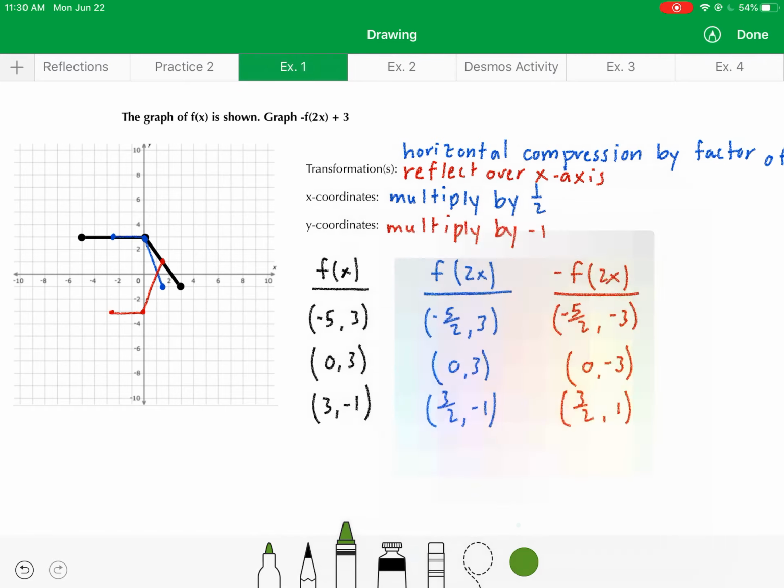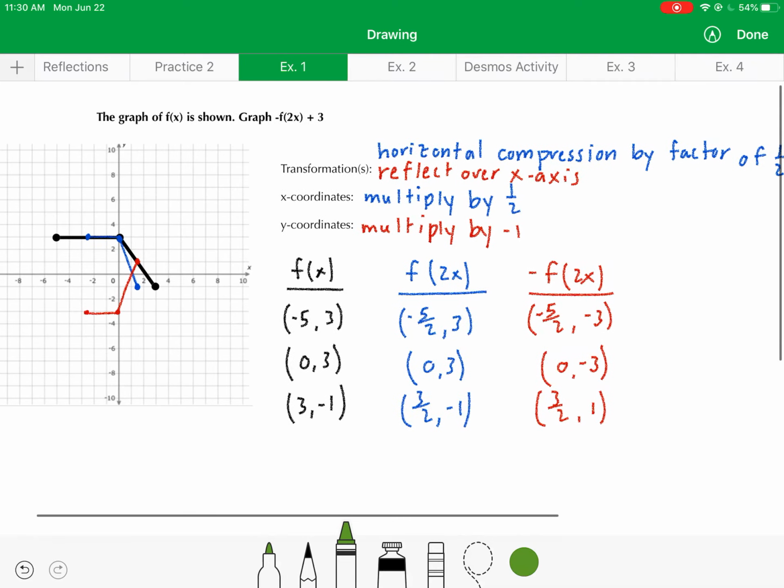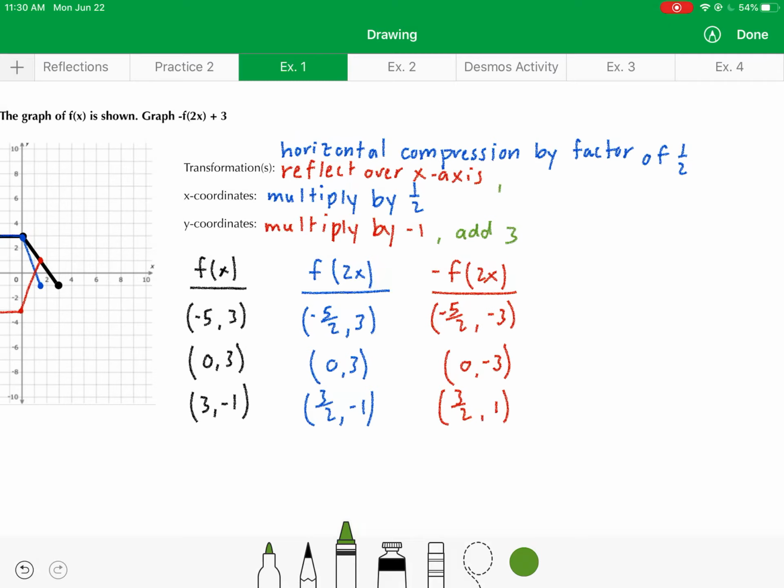All right, only thing left to account for is the addition by 3. That's also happening outside of the function f. So another effect on y coordinates. Add 3 to each y, and that's going to give us a vertical shift up three units. Okay, so one final column here. Take all of the points that are listed in red, add 3 to their y values.